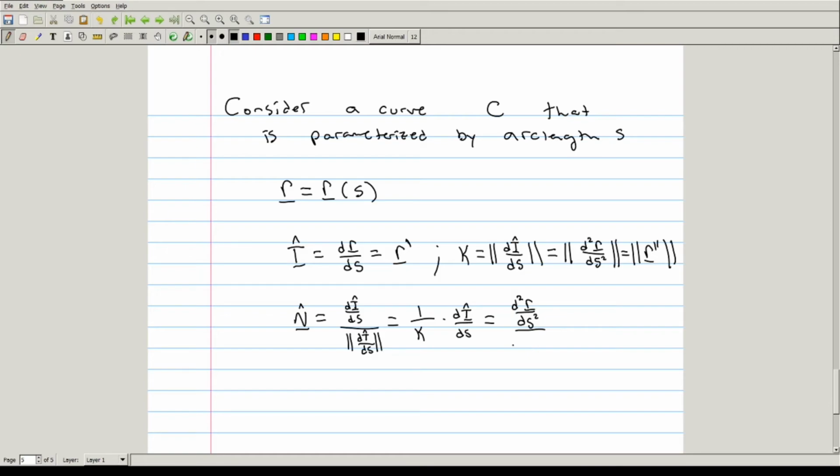What we showed before, the curvature is just the magnitude of this numerator vector. So in short, n hat, the normal vector, is just r prime prime over the magnitude of r prime prime. You'll remember that r prime prime, again, the double prime here denotes the second derivative with respect to S, the arc length of the curve.